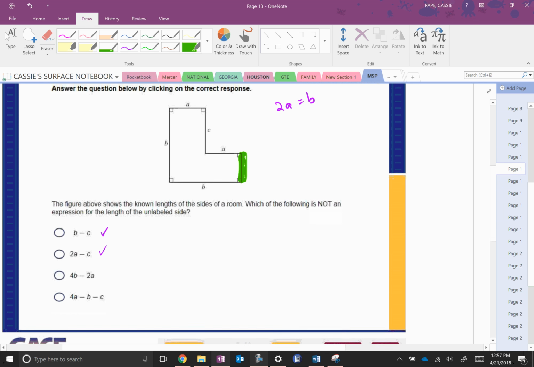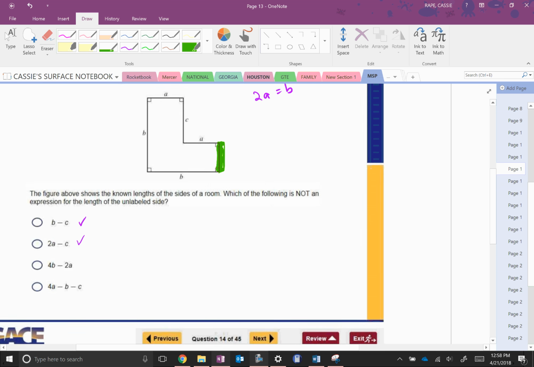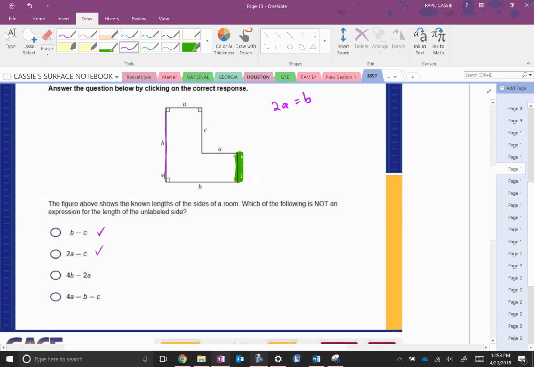If you take 4B, 4B would be this distance and this distance doubled, and subtracted 2A, so 4B minus 2A is the same thing as 4B minus B, which would be 3B. I don't see any reason why that would work out, but let's just double check the others.